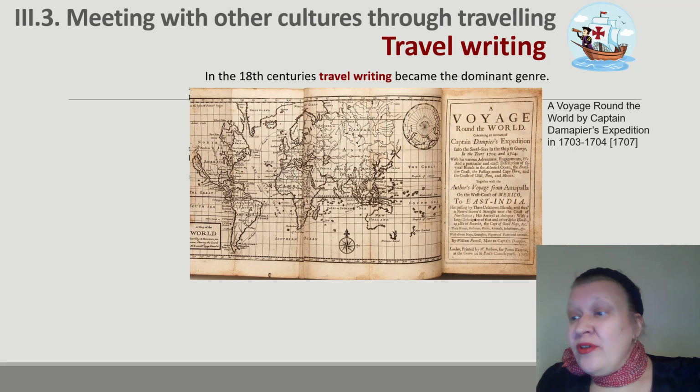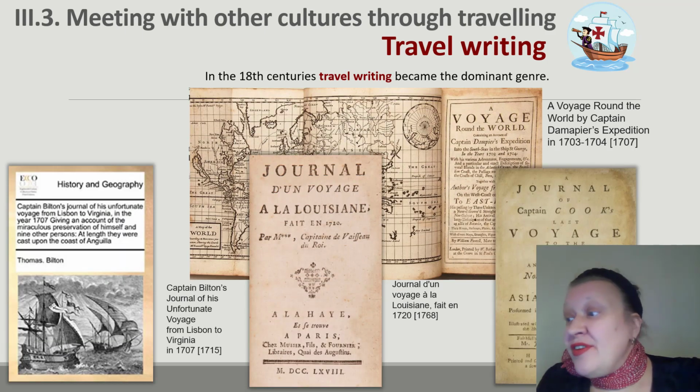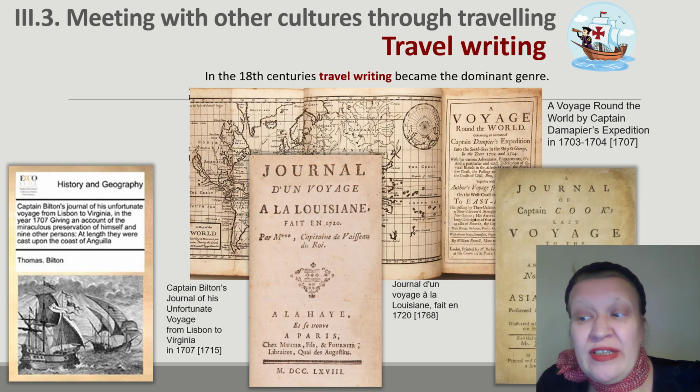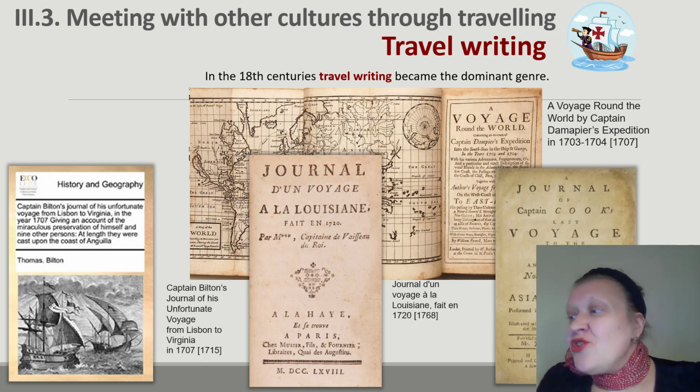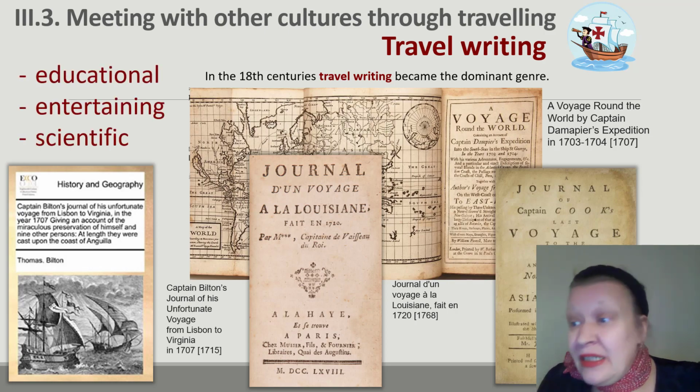Under the influence of the massive practice of traveling in the 17th and 18th centuries, travel writing became the dominant genre in Europe. At that time, there were no clear boundaries between purely scientific and literary discourse, so countless journals of voyage, sharing personal observations of travelers, combined features of educational, entertaining, but also scientific writing.